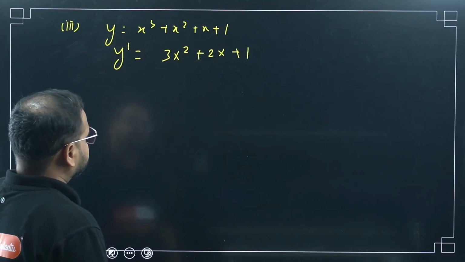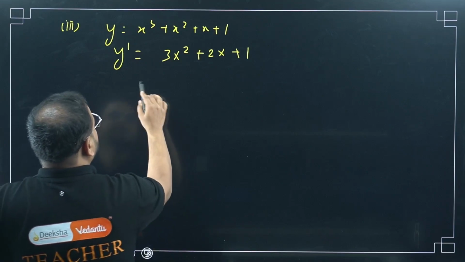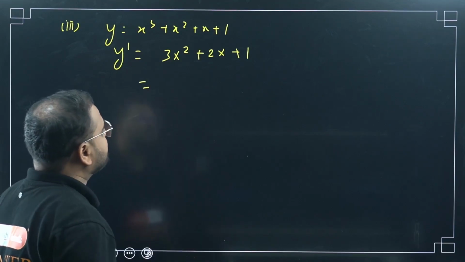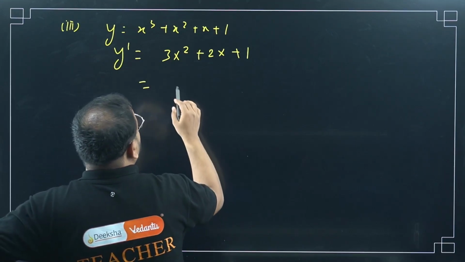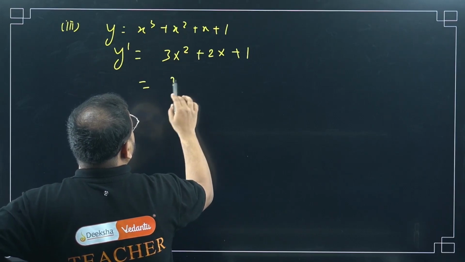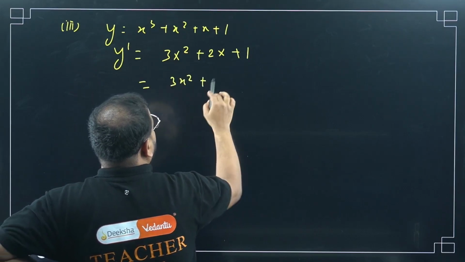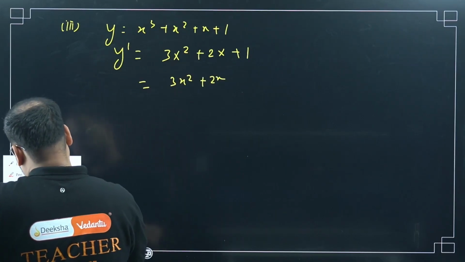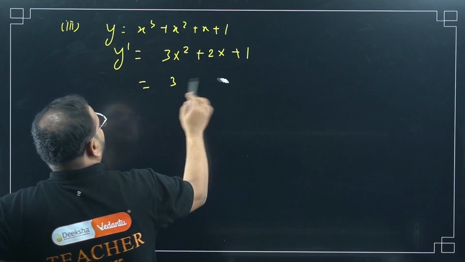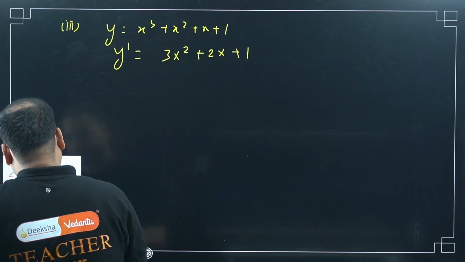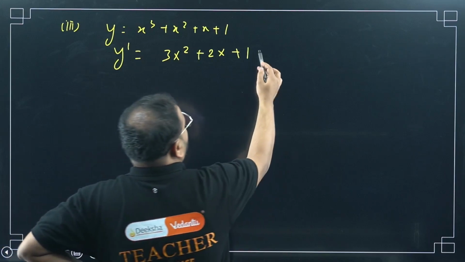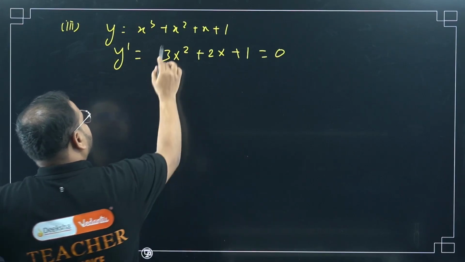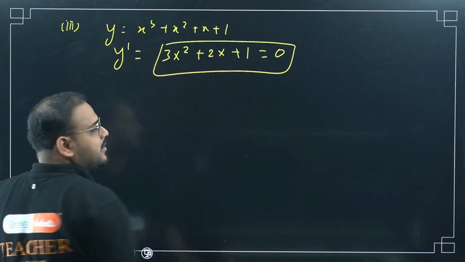Now check here please. If I write the derivative as 3x square plus 2x plus 1, I have to find the critical point, right? What is equal to 0? This is a quadratic equation.